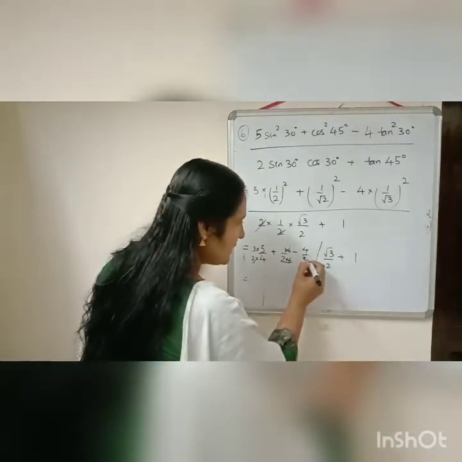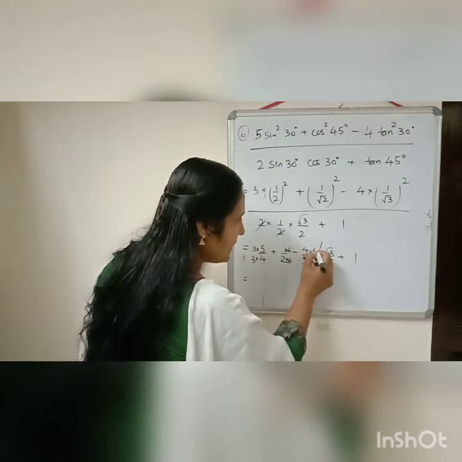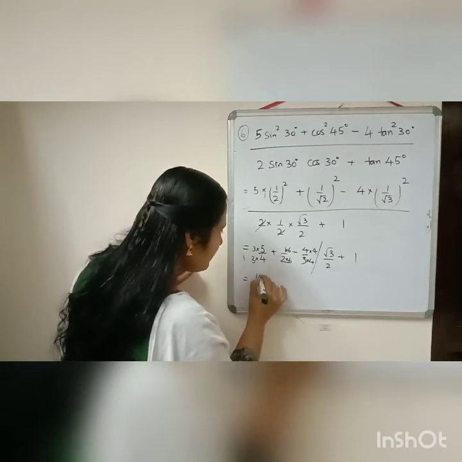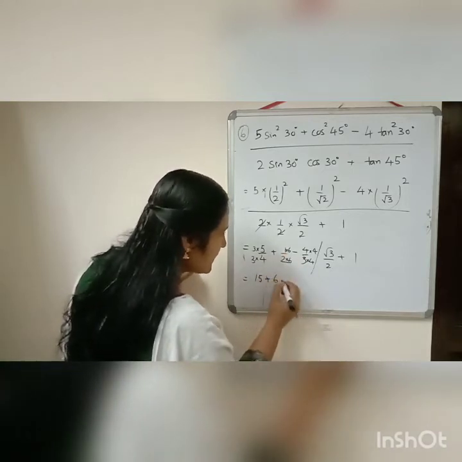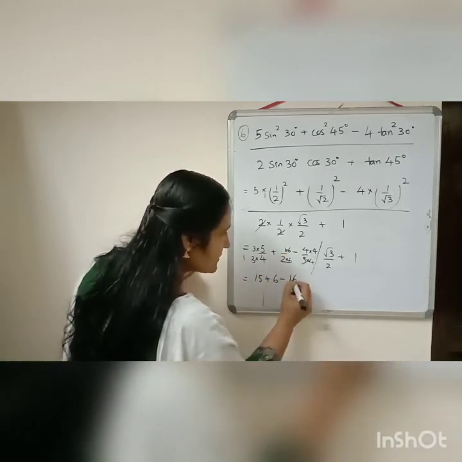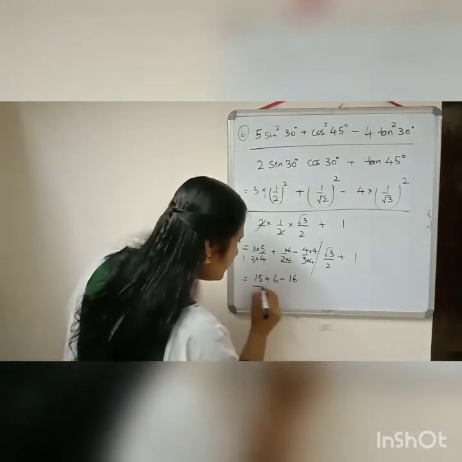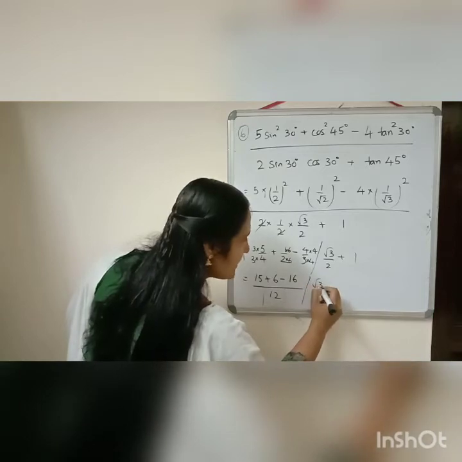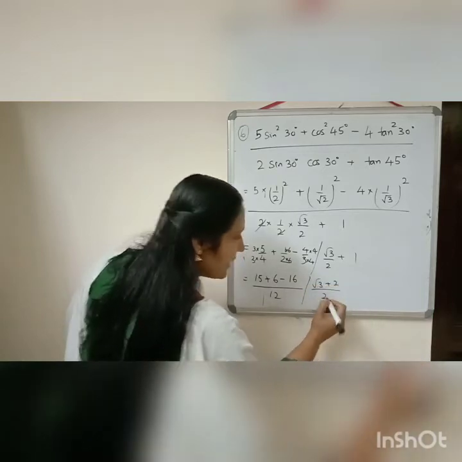And here to make it equal to 12, we need to multiply it by 4. So here we will get 3 5s are 15 plus 1 into 6, 6 minus 4 4s are 16 by 12 whole divided by, here we can do the cross multiplication. So root 3 plus 2 by 2.